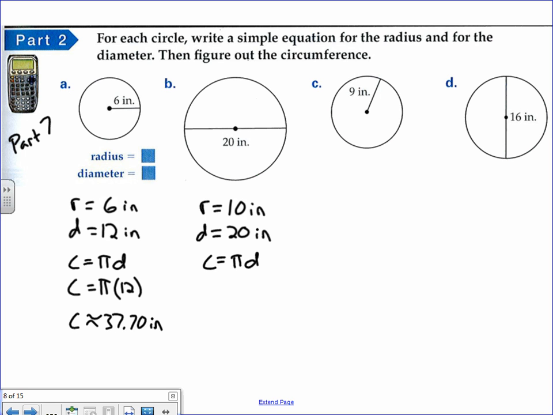That equals pi times diameter. So I substitute my diameter, which is 20, in there for D. And when I punch into my calculator, pi times 20, I get about 62.83, and my units would be inches.